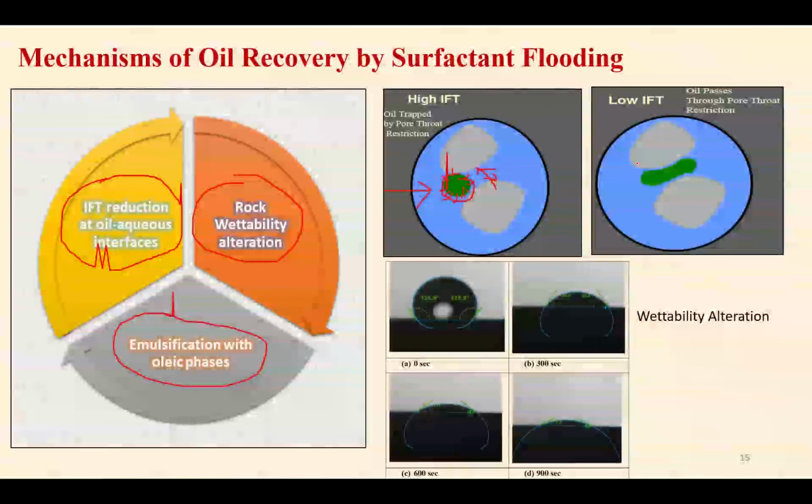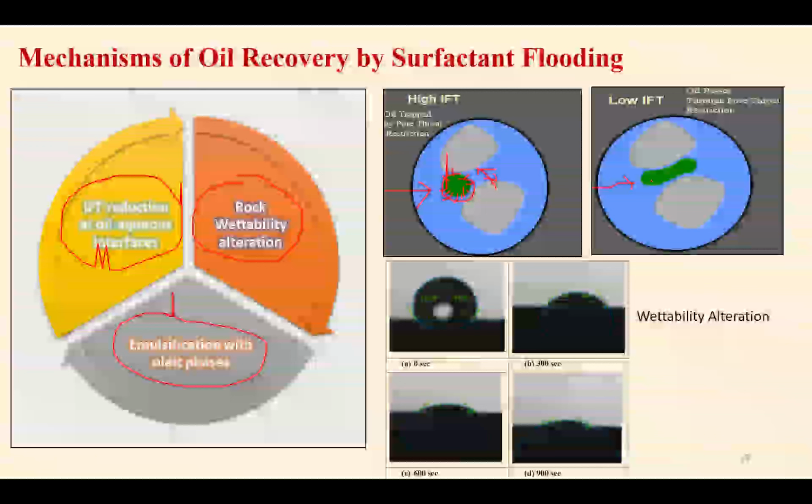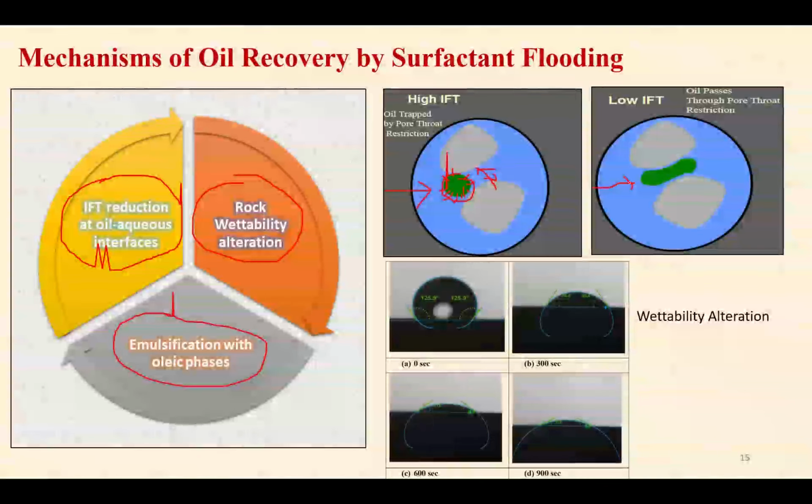Then they reduce the interfacial energy, and under this condition, the droplets will be quite flexible. Because of this improved flexibility, on application of the viscous force, they are deformed. You can see they are deformed, and by application of viscous force, they can now easily move through these fine pores. So in this way, they improve the displacement efficiency.